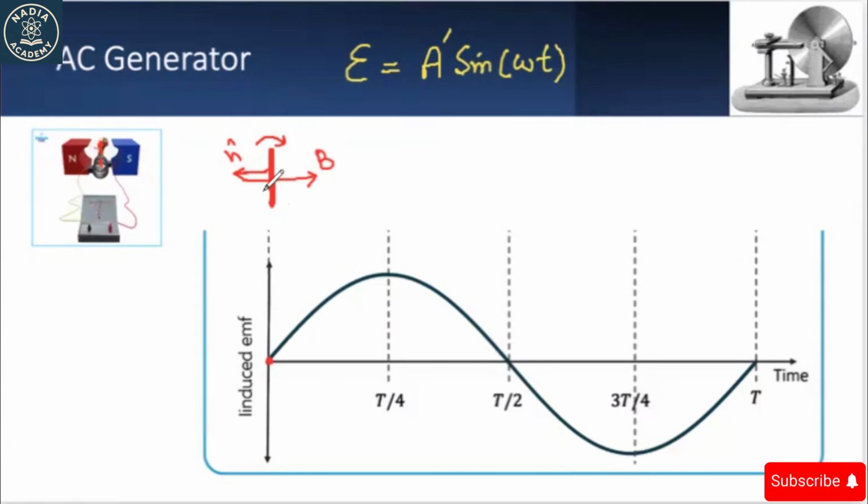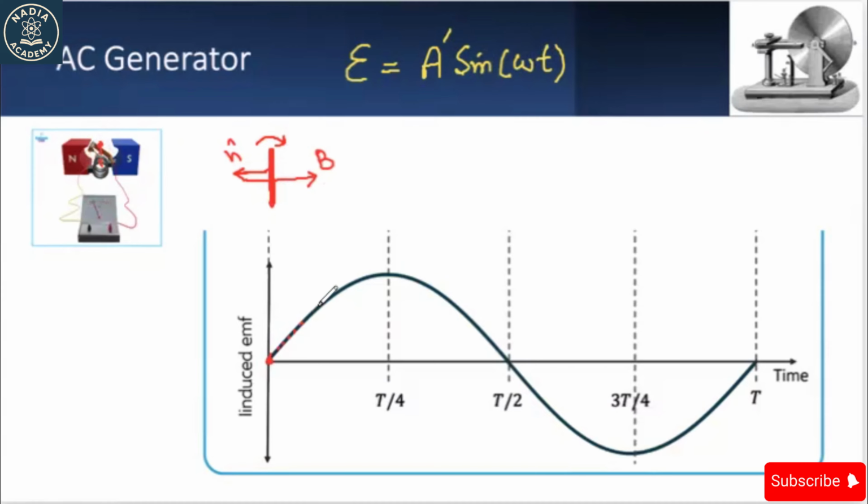Now, when you change it, the flux linked with this coil will be decreasing. So as a function of time, the flux linked with the coil is changing, and you are going to get some induced EMF, and that will be positive.